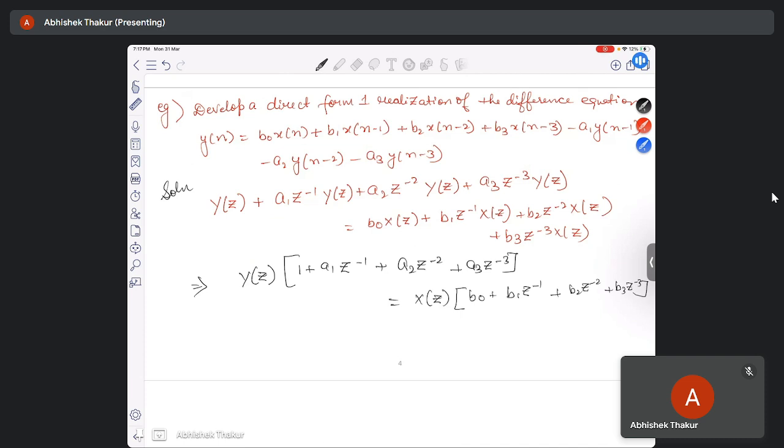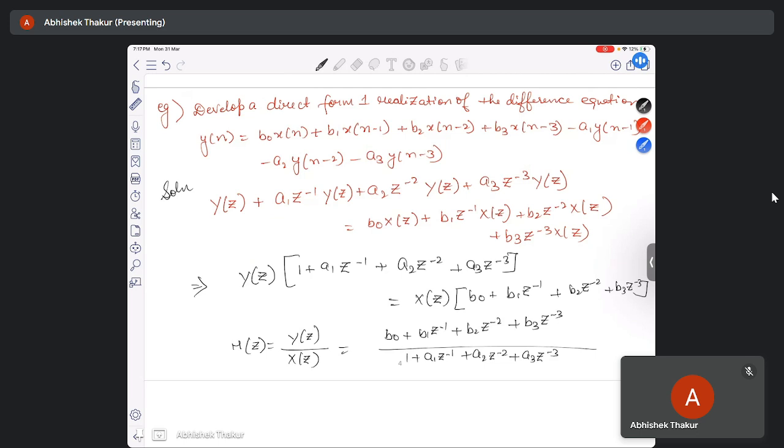So now your transfer function is given as h of z, that is equal to y of z divided by x of z. So this will become b naught plus b1 z inverse plus b2 z to the power of minus 2 plus b3 z to the power of minus 3 divided by 1 plus a1 z inverse plus a2 z to the power of minus 2 plus a3 z to the power of minus 3. So this is the transfer function.